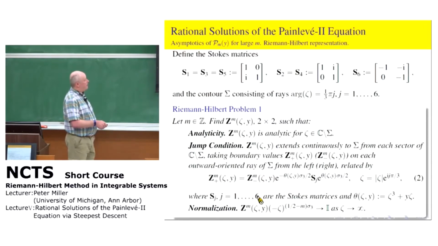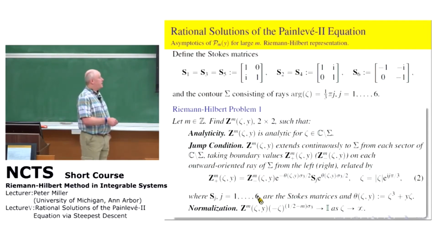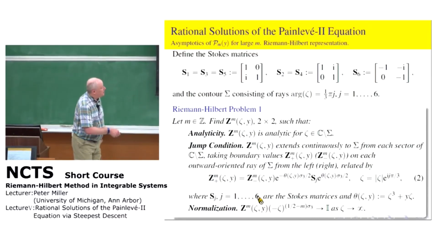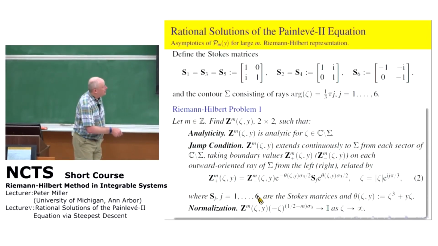And those boundary values should be related by this jump condition that involves the Stokes matrices conjugated by an exponential, and the exponential involves this exponent zeta cubed plus y times zeta.